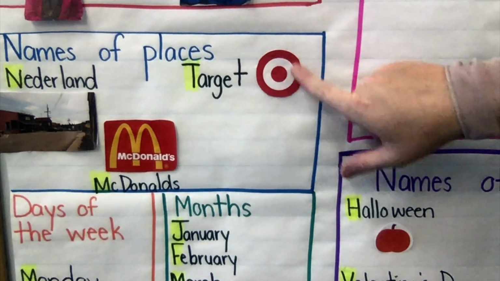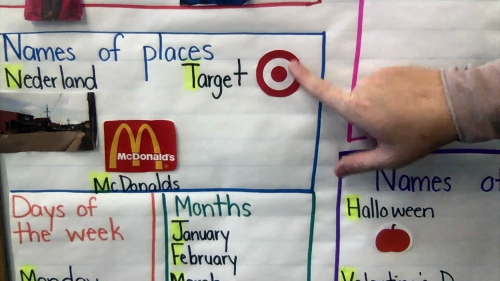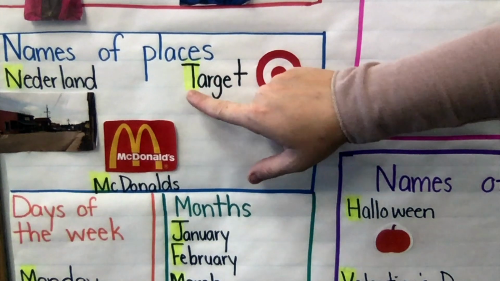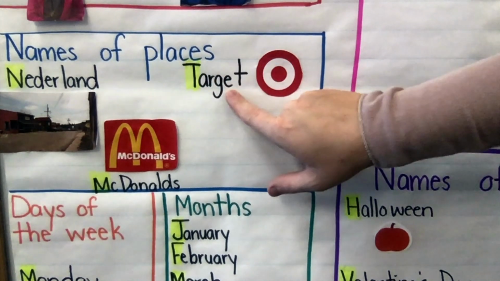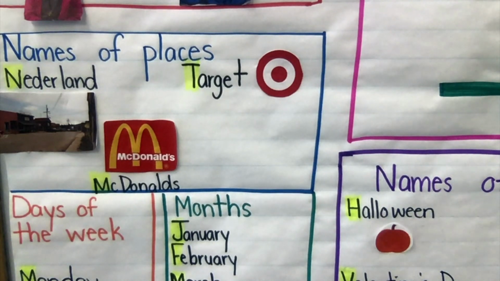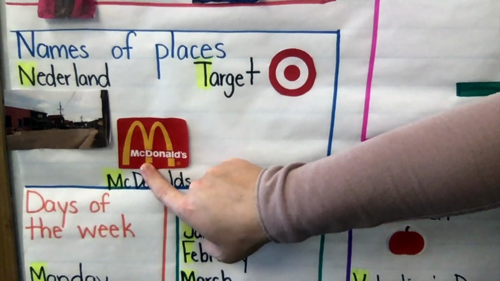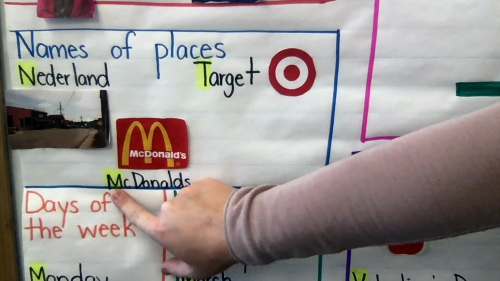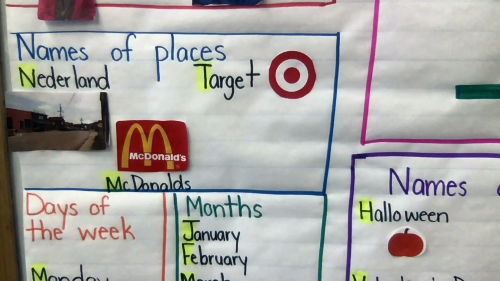It's Target. Some of you might see Target down in Boulder, and it always has this symbol. It's their symbol that goes with the name of the store. And because it's the name of a place and it's the name of a store, it gets a capital T when we're writing Target in a sentence. Same with this place. This is McDonald's. Some of you might have seen the sign for McDonald's, but McDonald's is a place, so it would get a capital M at the beginning of its name.